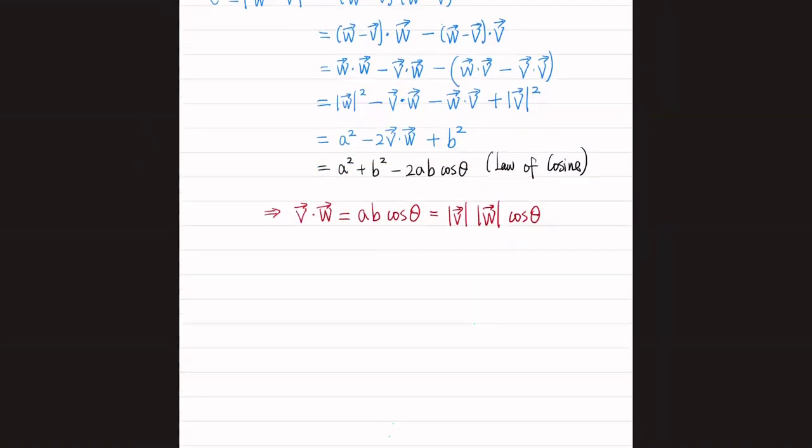Okay, let's recall the two vectors we had at the very beginning. v is (1, 2). w is (4, 3).